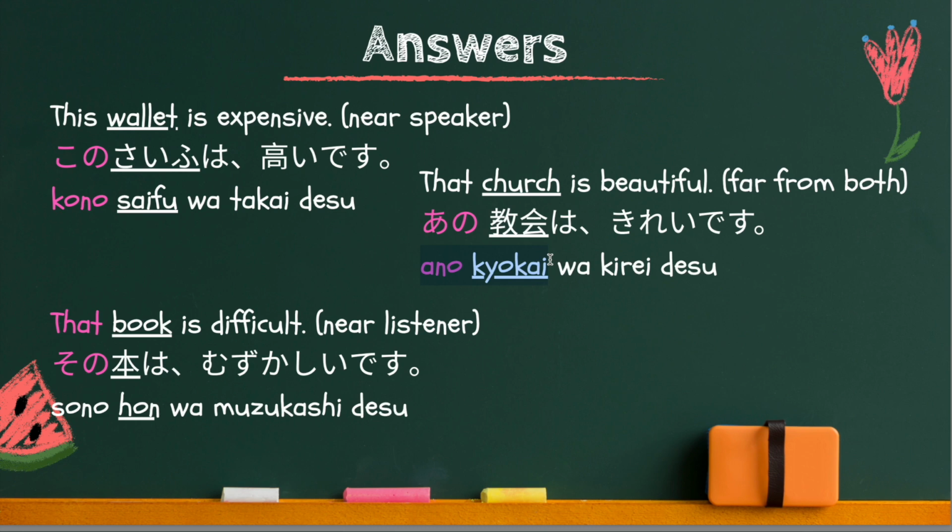Now I will read the sentence, so please repeat after me. この財布は高いです。その本は難しいです。あの教会はきれいです。Very good job.